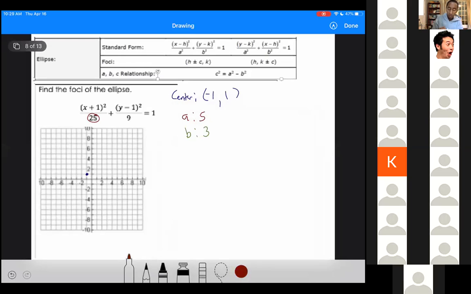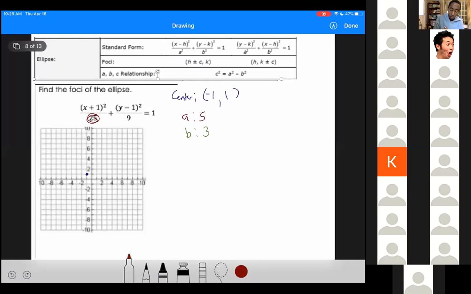So therefore, wait, we need to determine, is this vertical or is this horizontal? Anna, is this a vertical or horizontal ellipse? Okay, she said in the chat horizontal because the A is under the X, right?